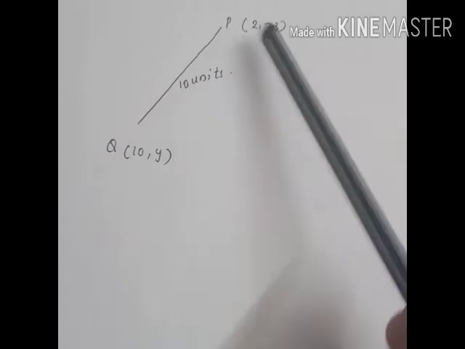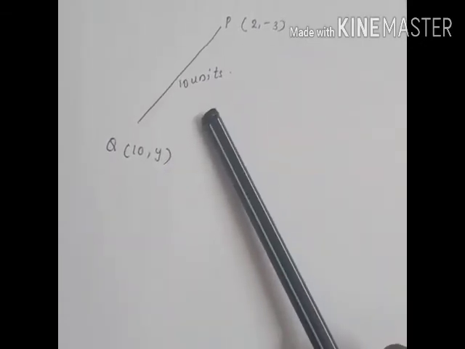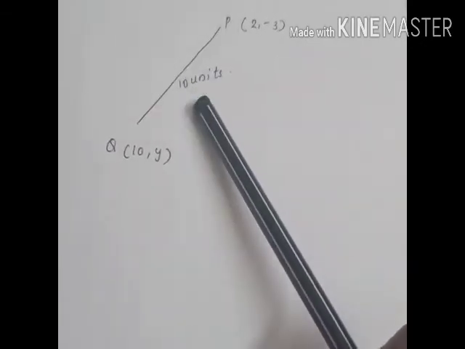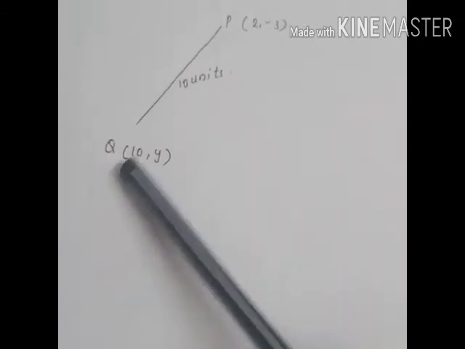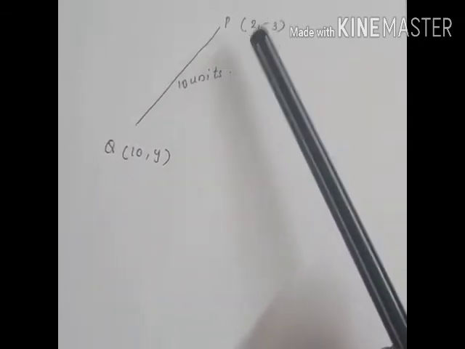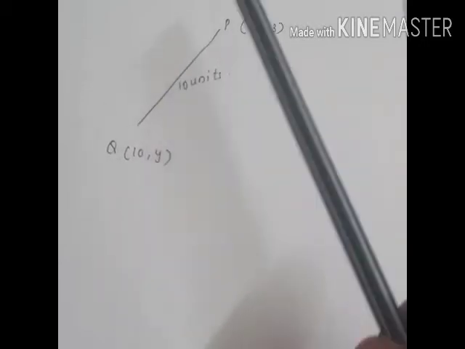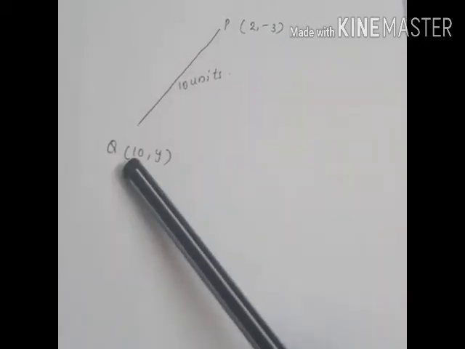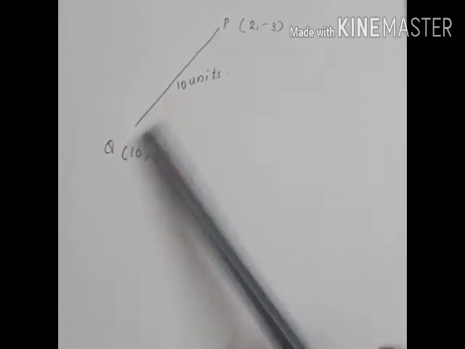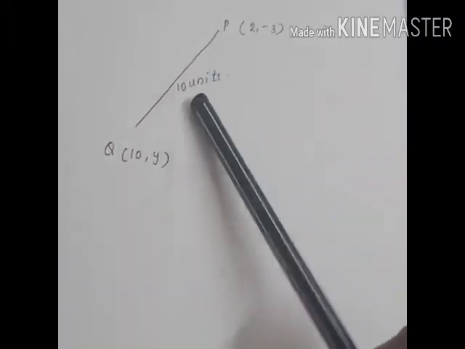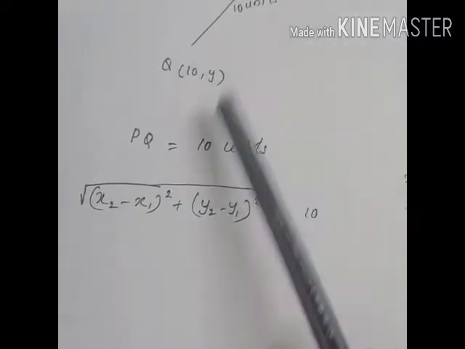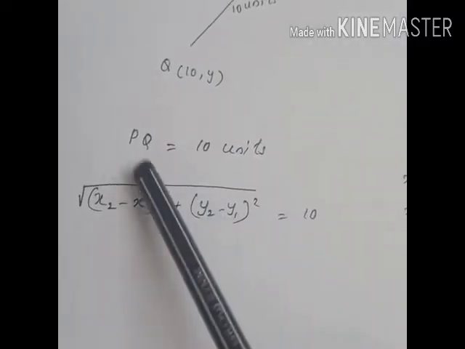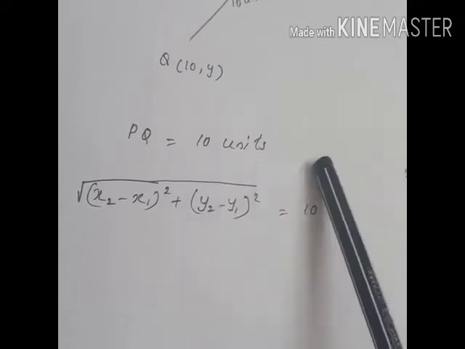The distance between these two is 10 units, so we can understand that here we have to use the distance formula. First of all we will write the distance formula for finding the distance between P and Q. Here it is already given that PQ equals 10 units.